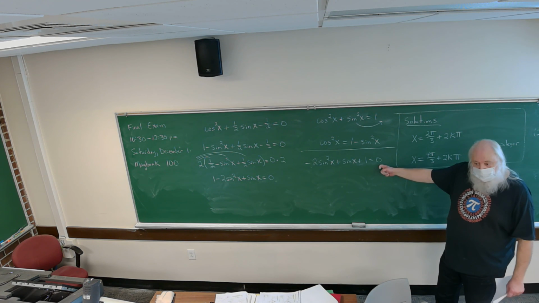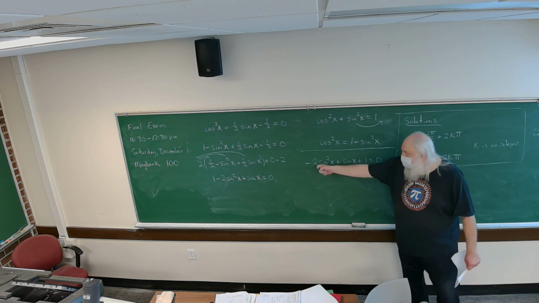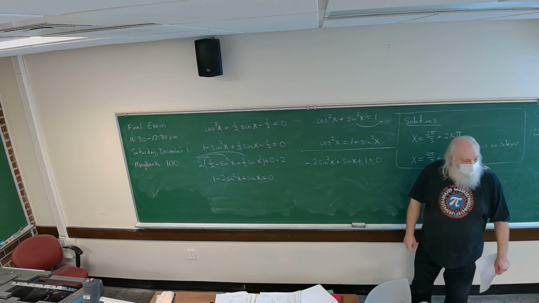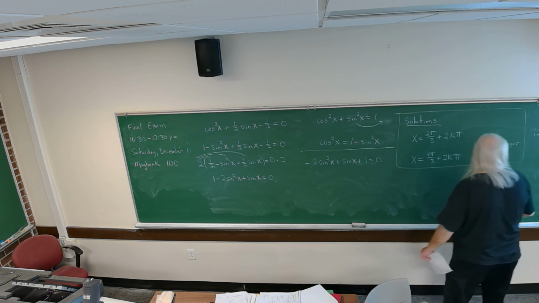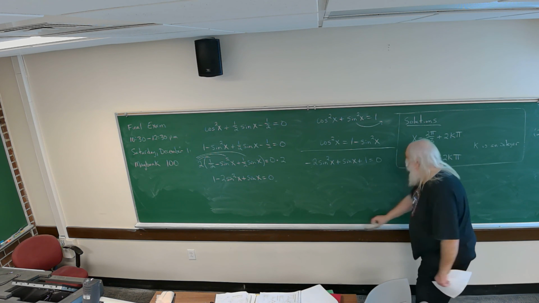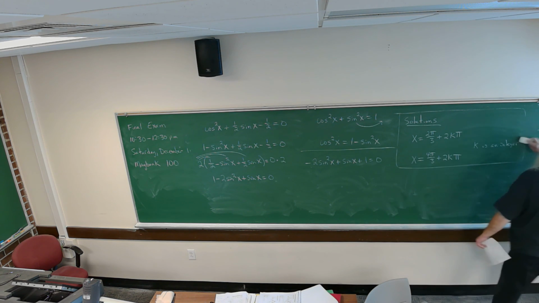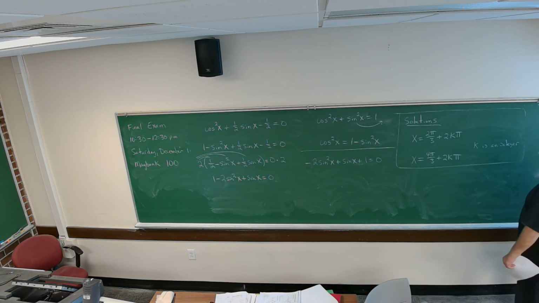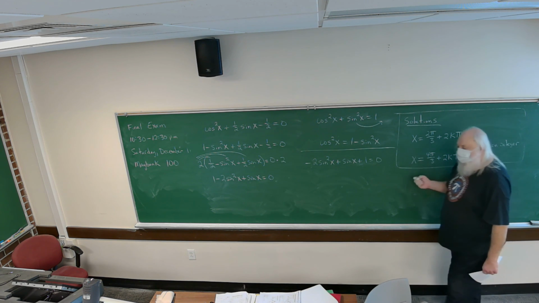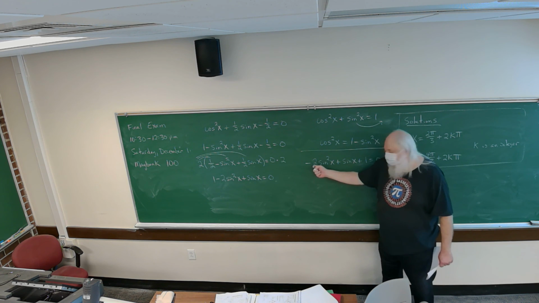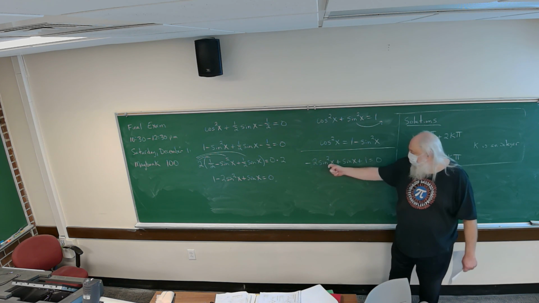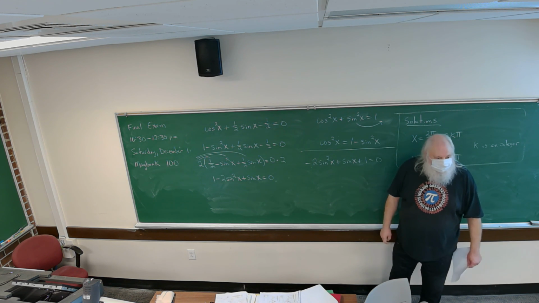Now you can factor this. Now some of you are comfortable factoring with a negative number up front, right? So this is like factoring minus 2x squared plus x plus 1 is equal to 0. But I've told you many times this semester, I don't like factoring where the number in front of the squared term is negative.